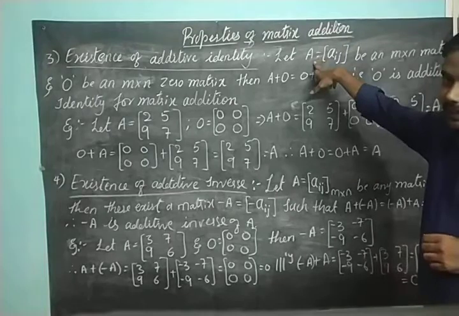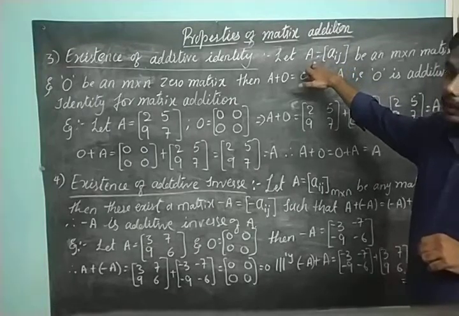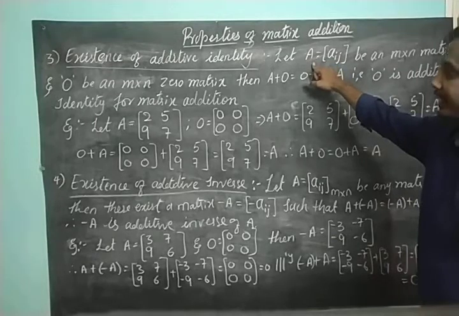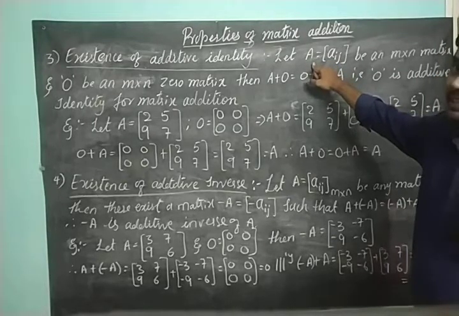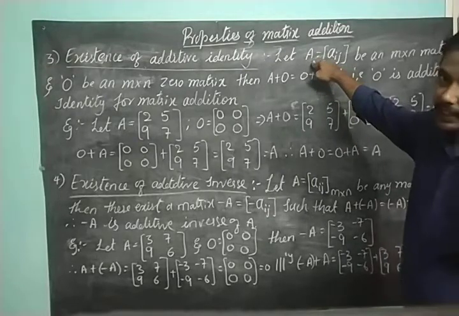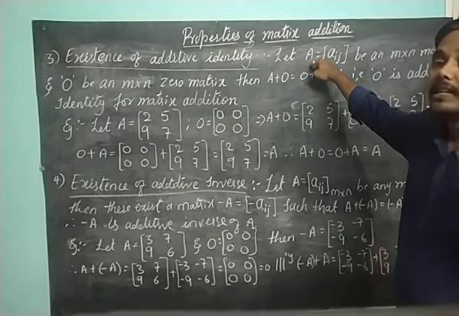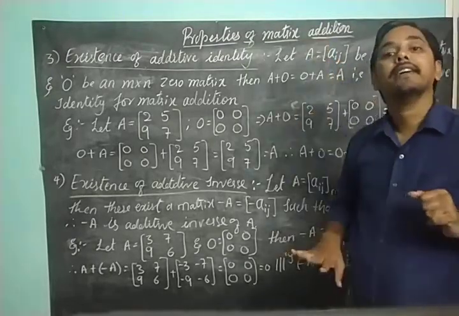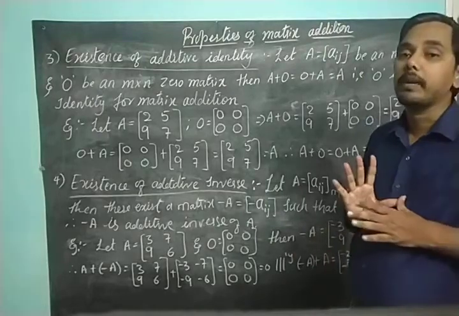Any matrix A has its own identity matrix. Once again I repeat, every matrix A has its own identity matrix. But remember that the identity matrix is different for addition and different for multiplication.